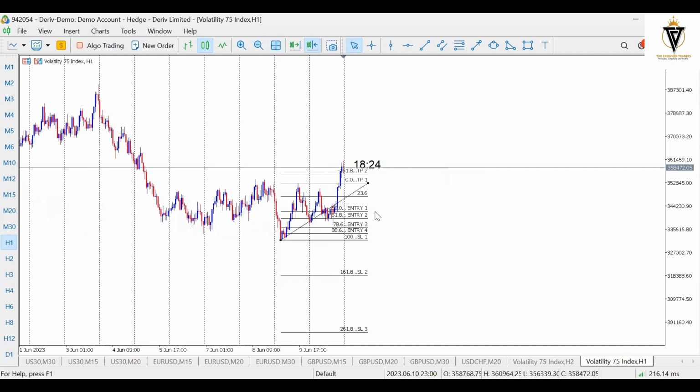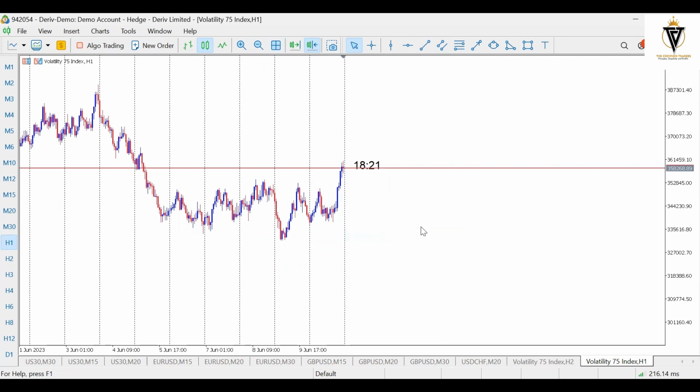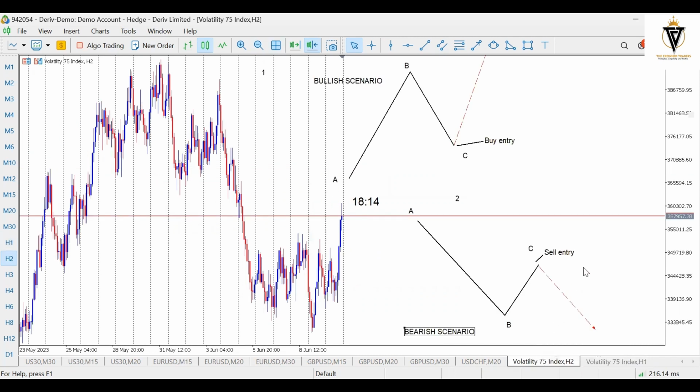So that's basically it. So let me show you an illustration on how to use it in a bullish scenario and in a bearish scenario. So let's say, for example, this is a bullish scenario. This whole mapping here is a bullish scenario, right?